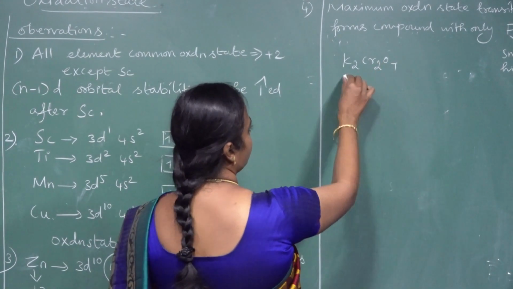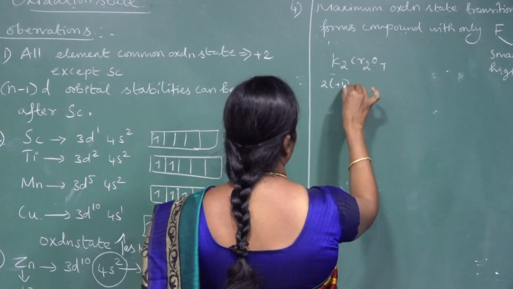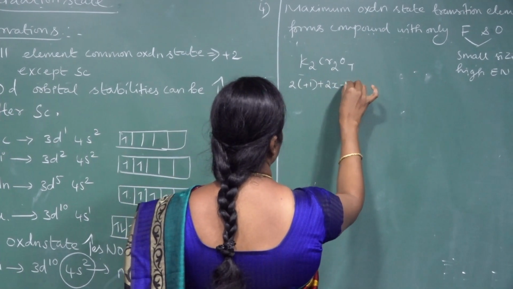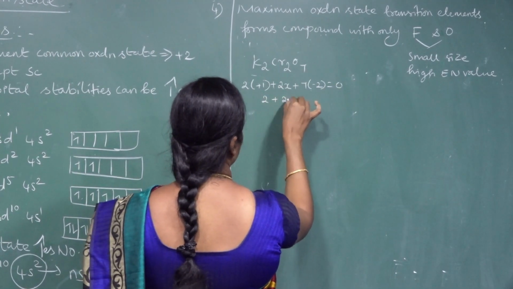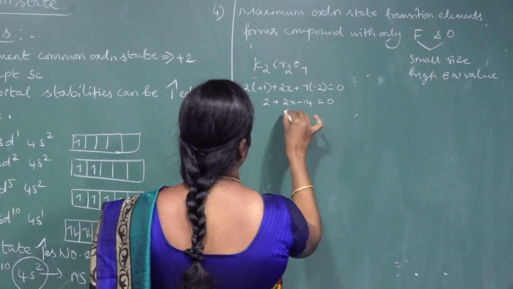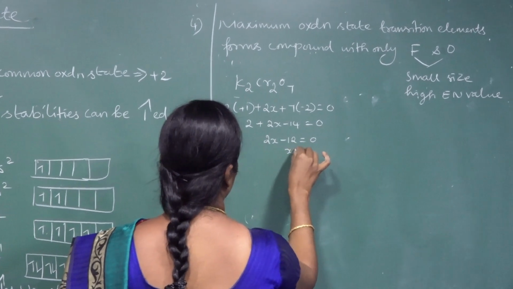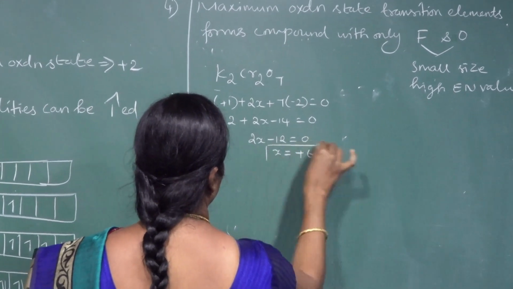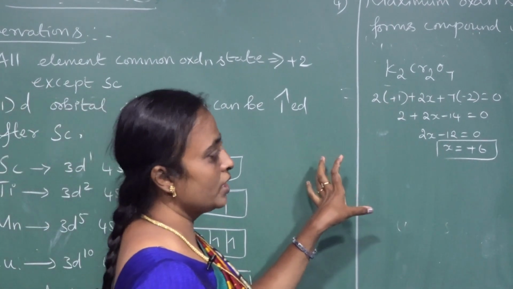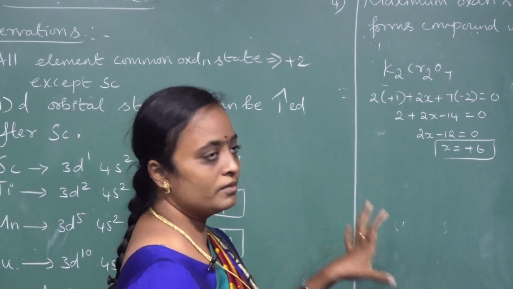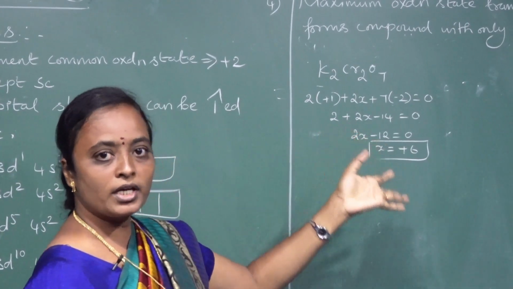So here I can calculate the oxidation state: potassium is monovalent, so 2 × (+1) plus 2x plus 7 into oxygen, which is minus 2. So you will get 2 plus 2x minus 14. So 2x minus 12 equals 0. So x equals +6. Okay. So the maximum oxidation state of a transition element forms compounds only with fluorine and oxygen. I have just taken one example, potassium dichromate.